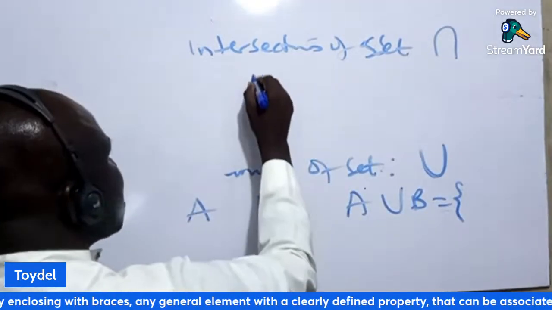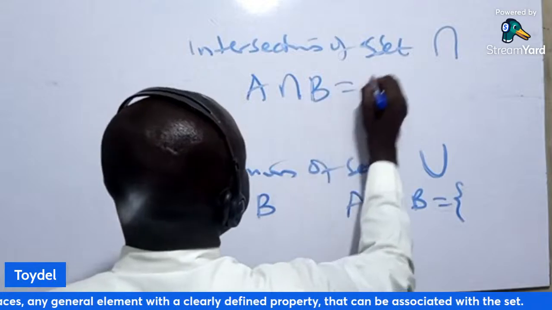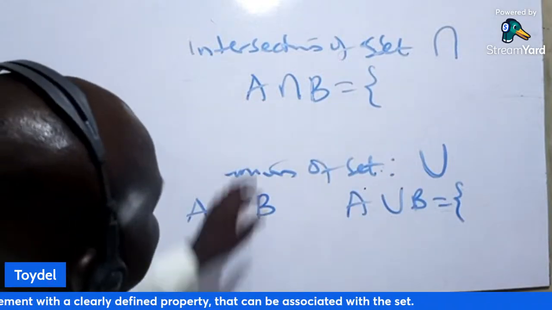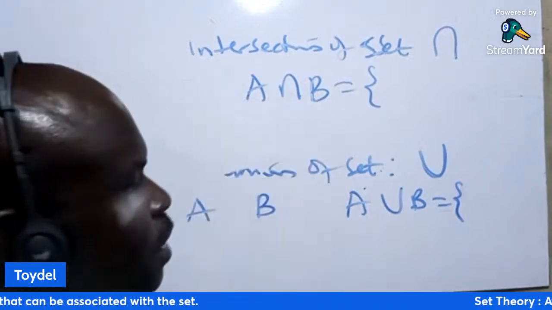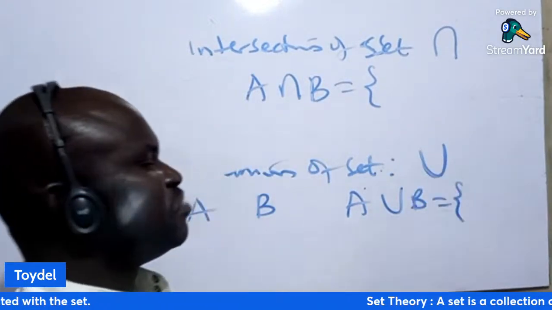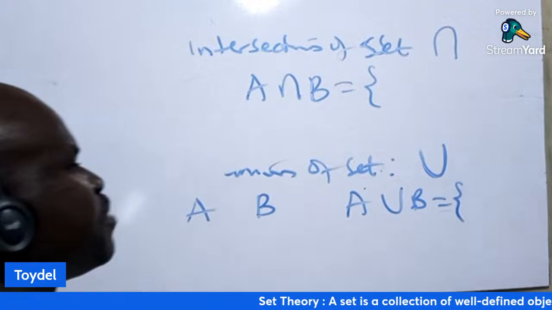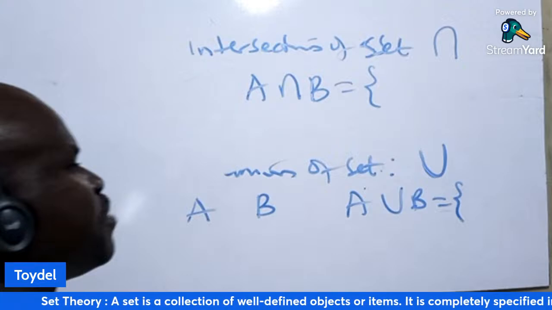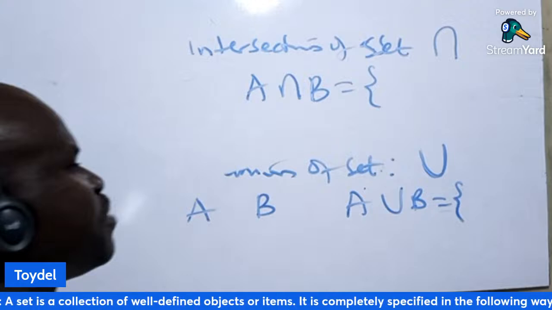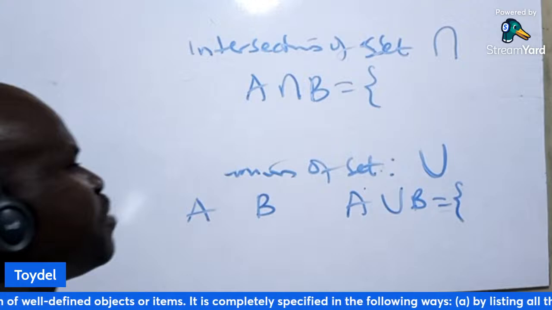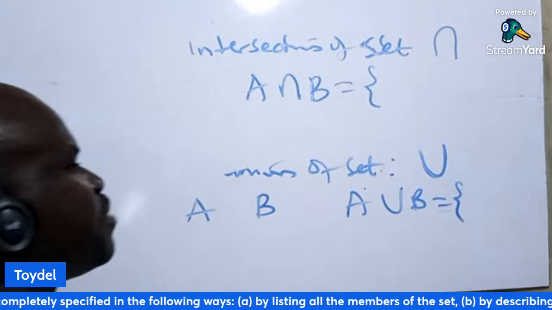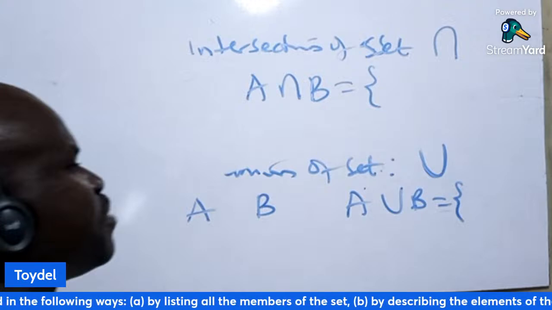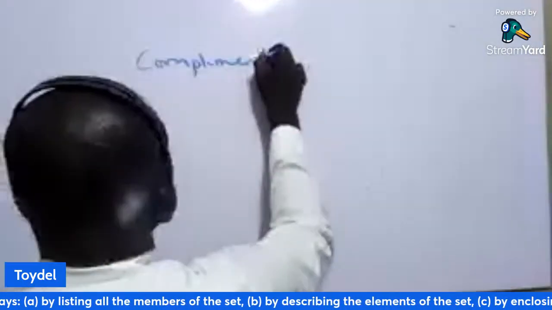That is, if you have A intersection B, this simply means that the element you are going to pick must be in A and it must be in B. So when you have union, the interpretation is just or: either the element is in A or B or both. But when it comes to intersection, the element must be in A and in B.